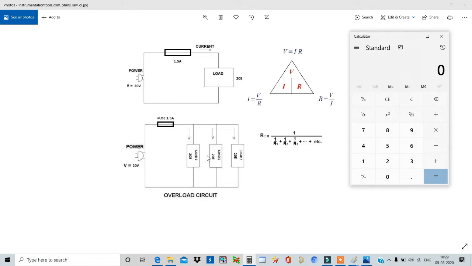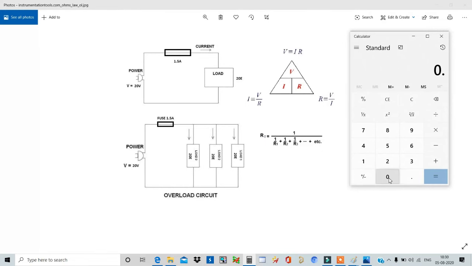I will calculate as per Ohm's law. First we have to calculate this parallel connection. The parallel formula is here: 1 divided by 20. How much is coming? 0.05.